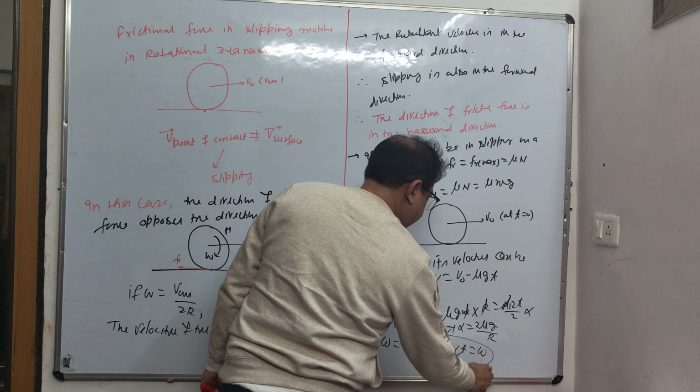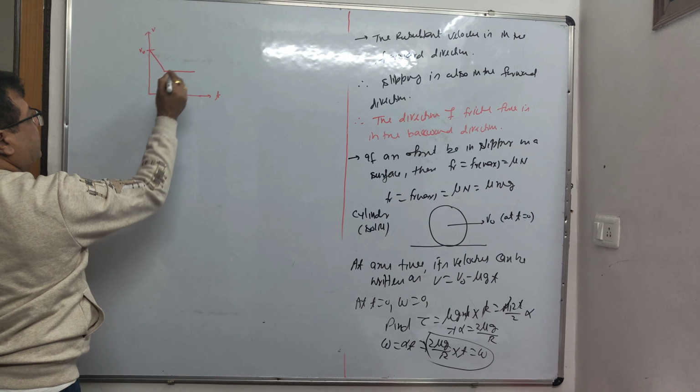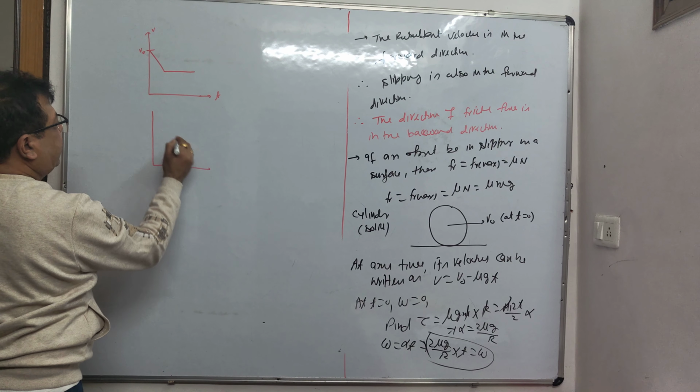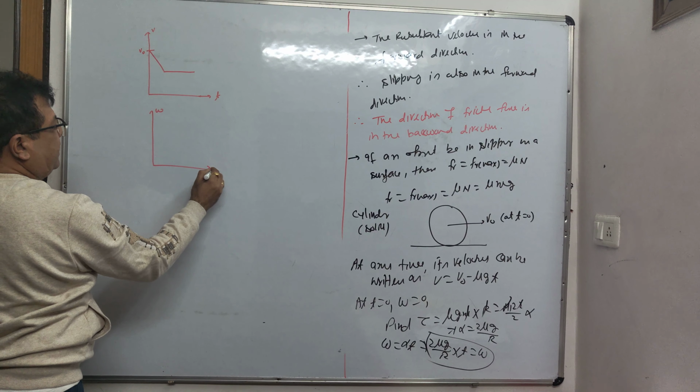Okay. So one can draw its velocity very easily. This is the linear equation at this point. So we can draw its graph very easily. So the V versus T graph will be linear. So initially the velocity is V naught, then this is the velocity, and then you can draw omega versus T, and then it will be in rolling motion, right?